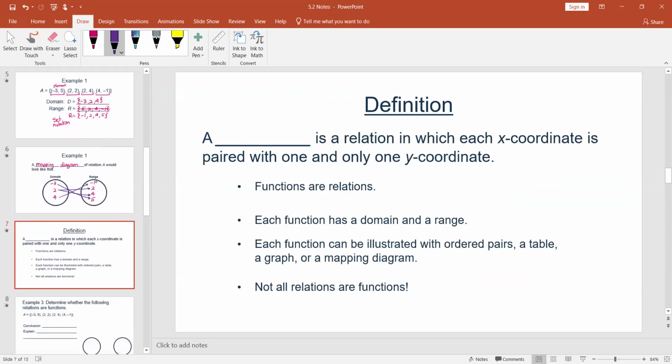All right, so as I just said, a function is a relation in which each x coordinate is paired with one and only one y coordinate. Now this gets a little bit confusing because it's just saying that the x coordinate cannot be linked with more than one y coordinate.